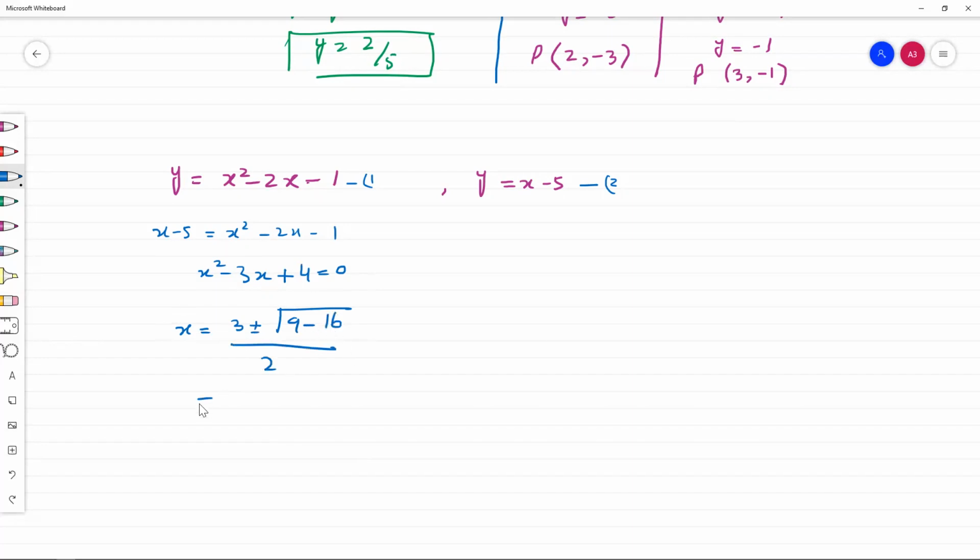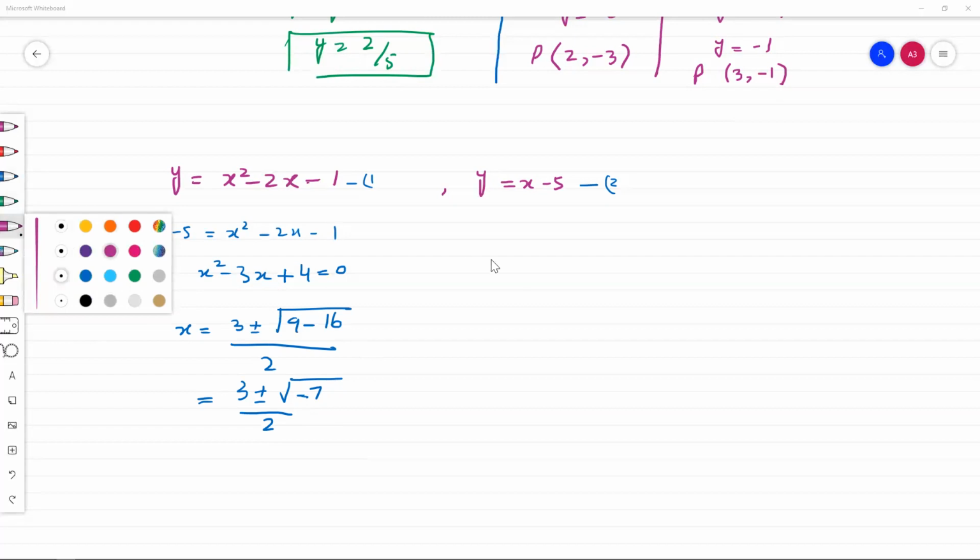Look at this, 3 plus minus square root of 9 minus 16, it would be minus 7, over 2. So for this equation we won't have any solution because we have a negative sign in the square root.